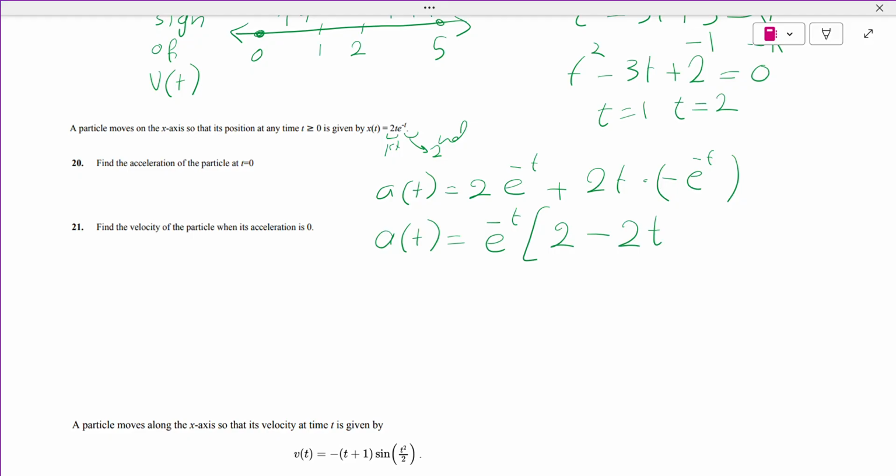Are we on the right track? This is e to the power of minus t taken as a common factor. You've got 2 and then you've got 2t, right?